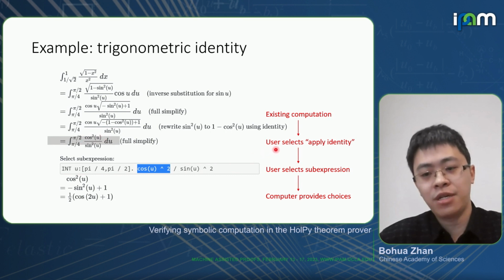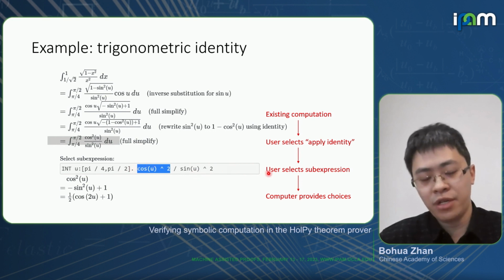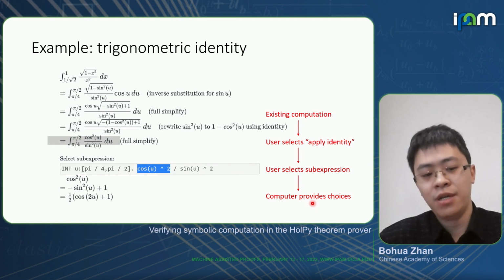So the user selects apply identity, and then in this text form here, selects the separate expression that the user wishes to rewrite. And then on seeing that, the computer can display a list of choices depending on the identities that it knows.